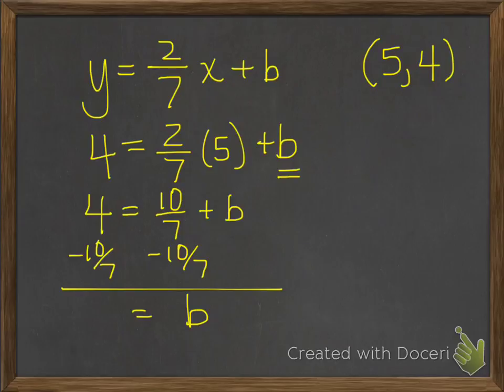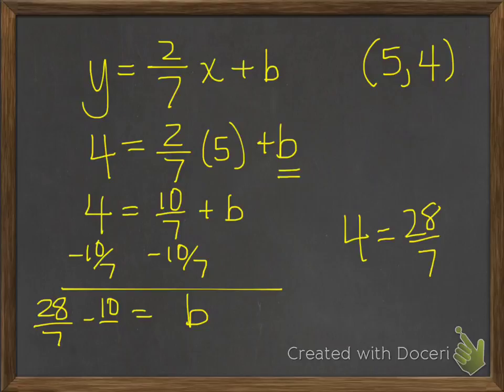And over here, 4 is equal to how many sevens? Well, it's 28. So 28/7 minus 10/7, or plus a negative 10/7, is b.